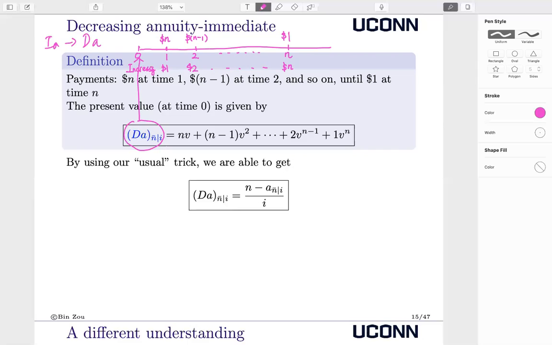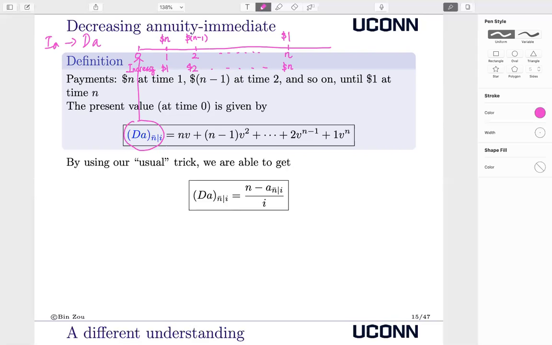I stands for increasing, D obviously means decreasing. We deal with annuity immediate, so it's a plain A without double dots, without bar. This is the term annuity. We have n payments, so it's A angle n at interest rate i.